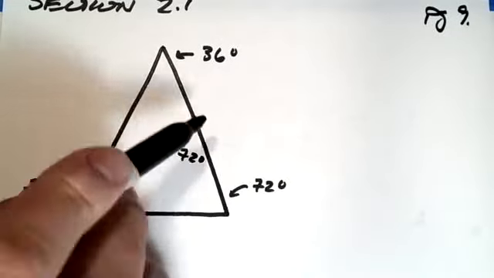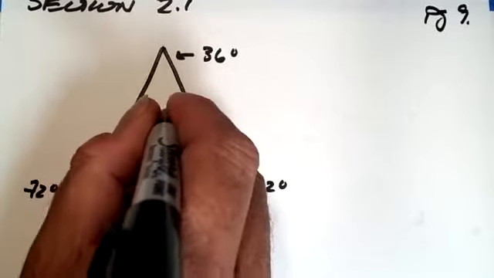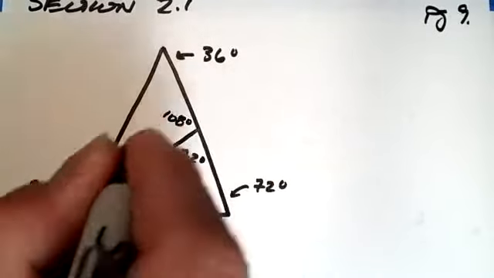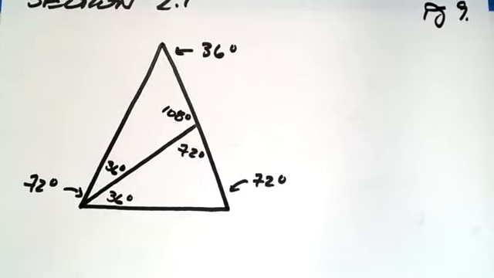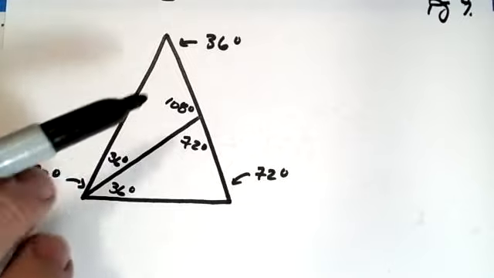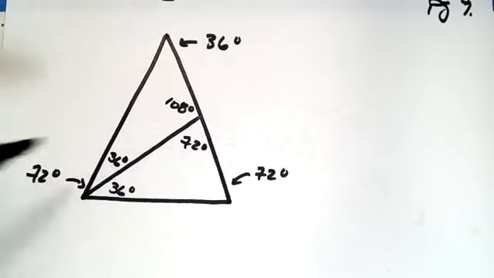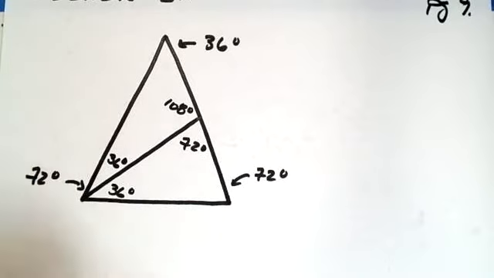If this is 72 and that's 36, then this is 108, and this is 36. Because the base angles are equal on this triangle, this should be an isosceles triangle as well. So too is this.